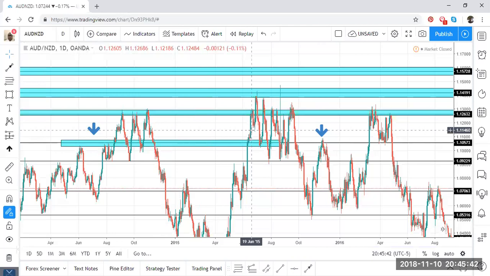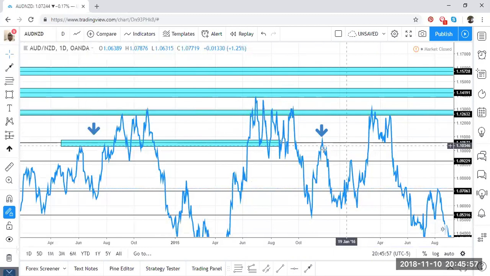That's 100 pips, yeah. So one possibly could go back in here, but I don't see it that clearly.